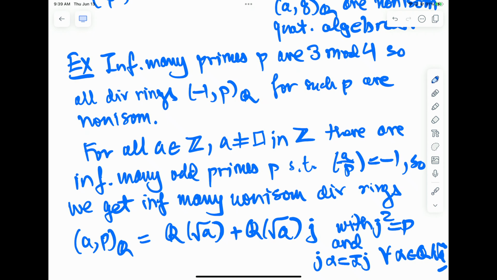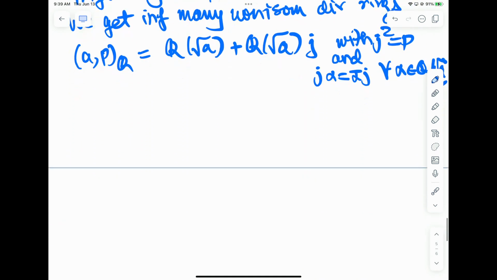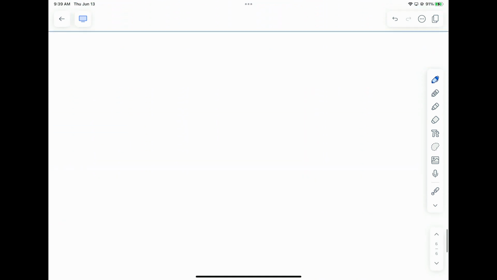So I want to now switch gears completely and talk about quadratic reciprocity over other fields. Let me remind you of a result that came up last time.